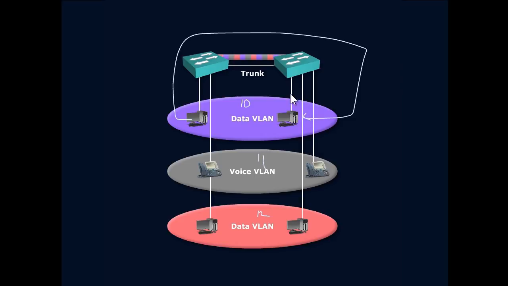This is the one and only place where the VLAN ID is revealed over the network, and that is over trunk ports. Trunk ports typically exist between our switches and sometimes between switches and routers. And we'll see again also that we may have a trunk port in a wireless LAN controller, all right, when we use a WLC.